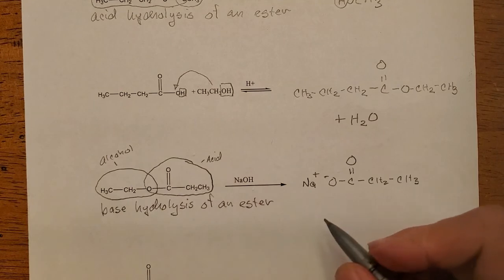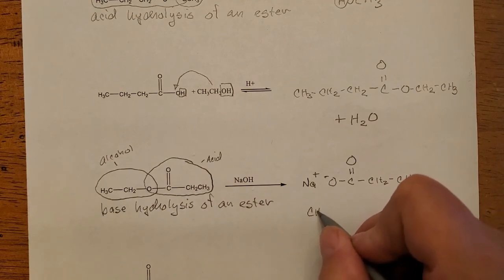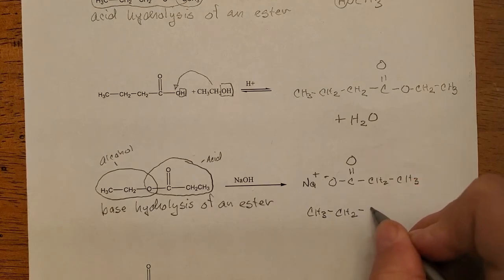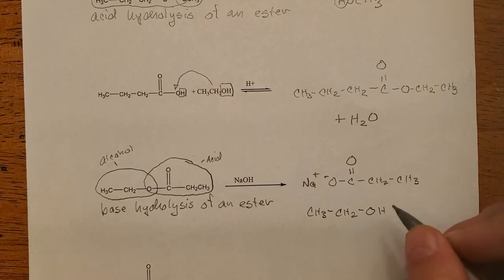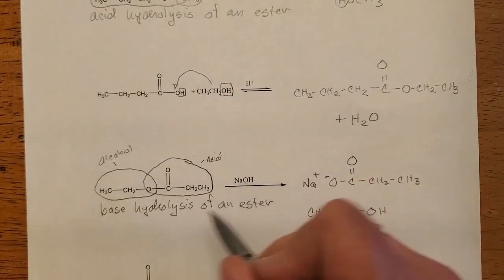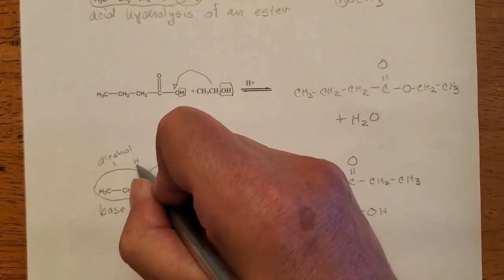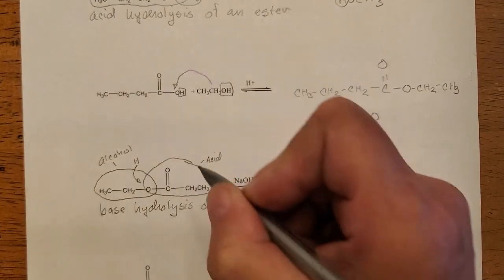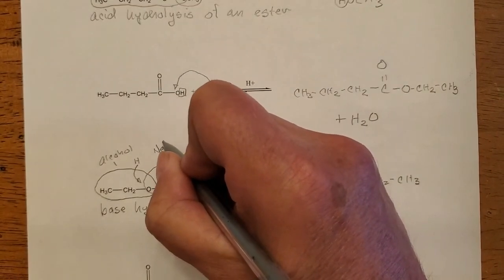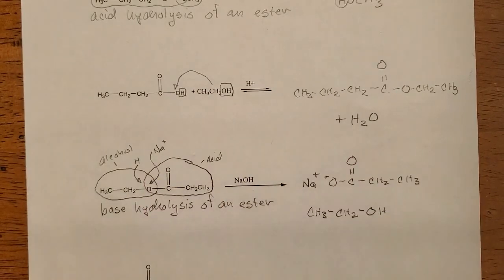Here is the alcohol, and so it's going to be CH3, CH2, OH, which is ethanol. So in terms of sodium hydroxide, base hydrolysis of an ester, the alcohol gets the H, and the acid gets the sodium.